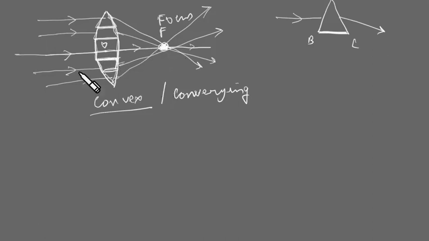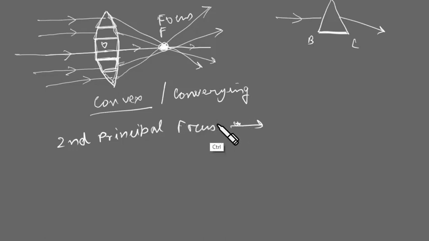Alright. Now when a paraxial beam, after getting refracted by a convex lens, converges to a single point, this point is actually called the second principal focus of the convex lens, which is denoted as F2.